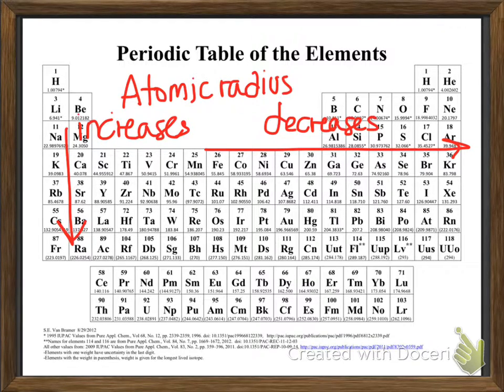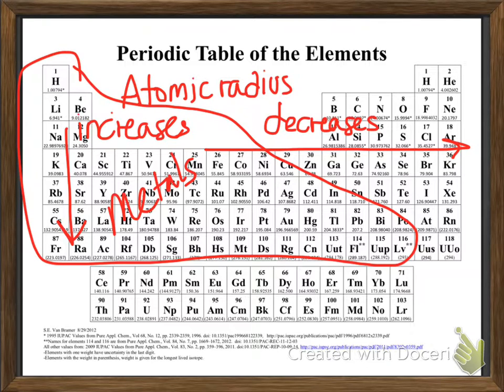Reactivity in the metals follows the exact same pattern as atomic radius. Metallic atoms with smaller radii tend to be less reactive because the nucleus has a better grip on those outer electrons.